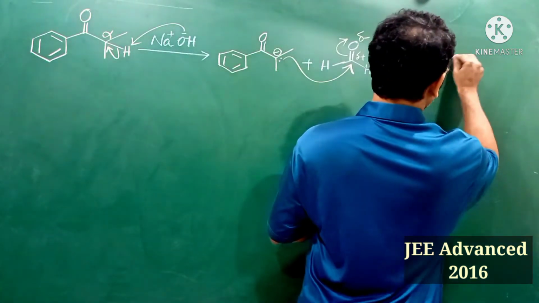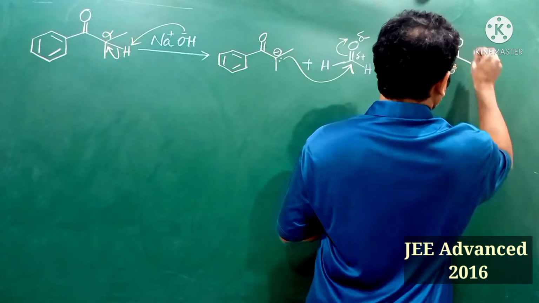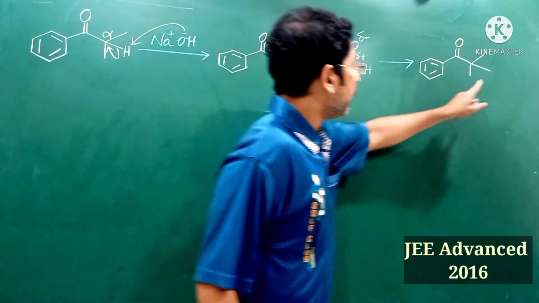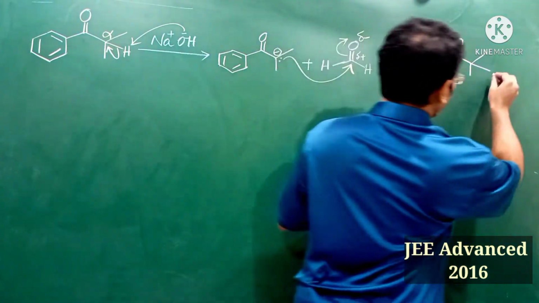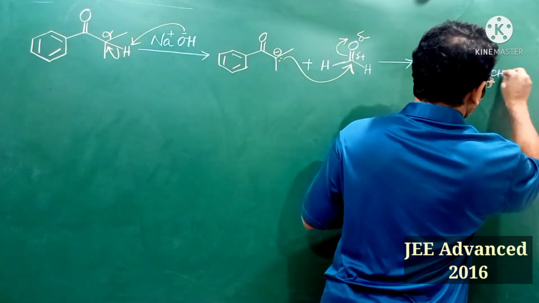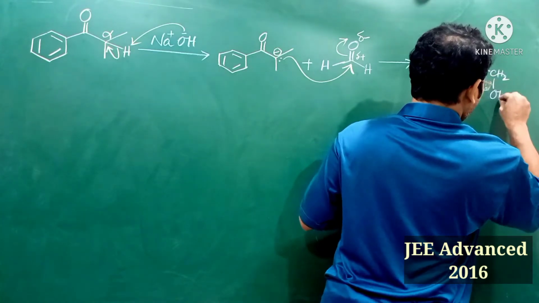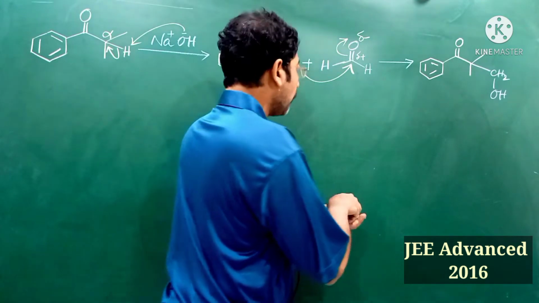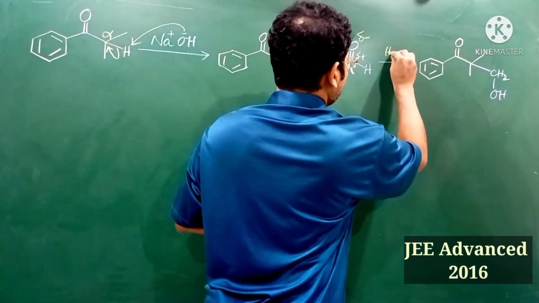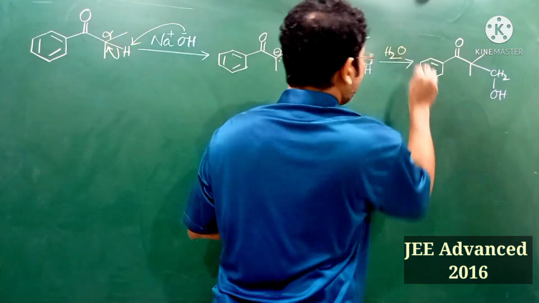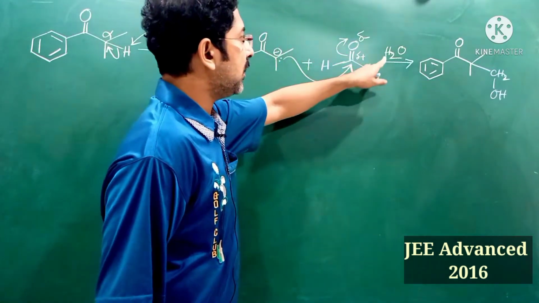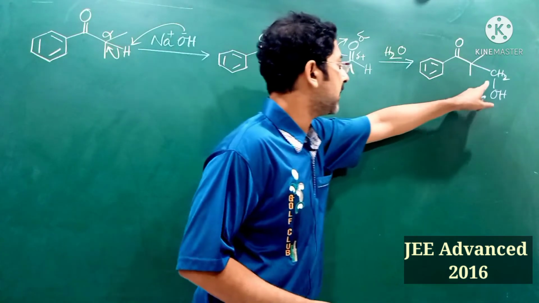This is our carbanion portion, and this portion is obtained from the formaldehyde molecule. We'll get CH2O-, of course O will be negative, and of course water is present in the reaction medium, so that O- will abstract the H+ ion from the water molecule to get CH2OH.